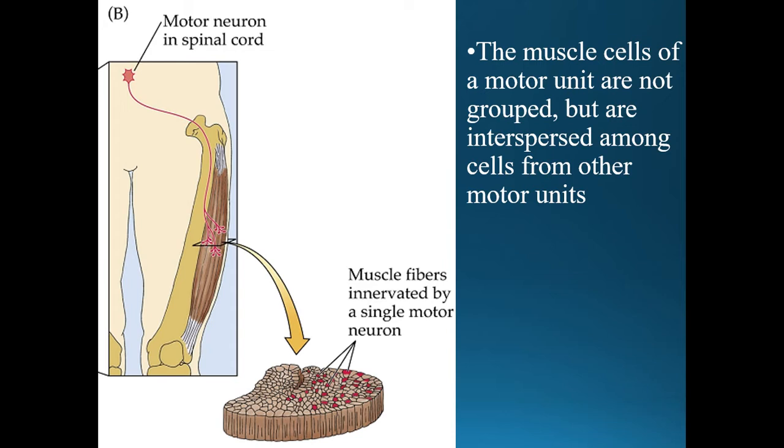The muscle cells of motor units are not grouped but are interspersed among cells from other motor units.